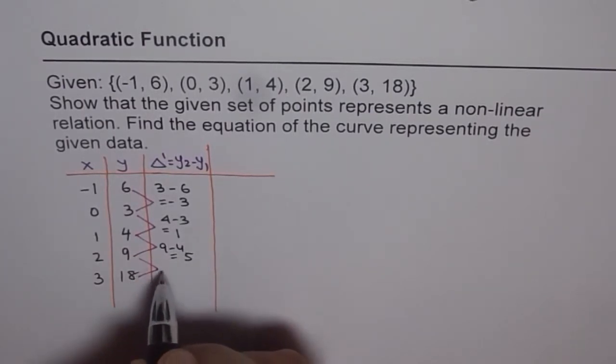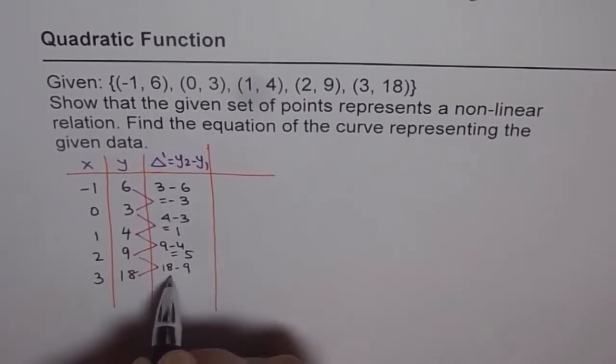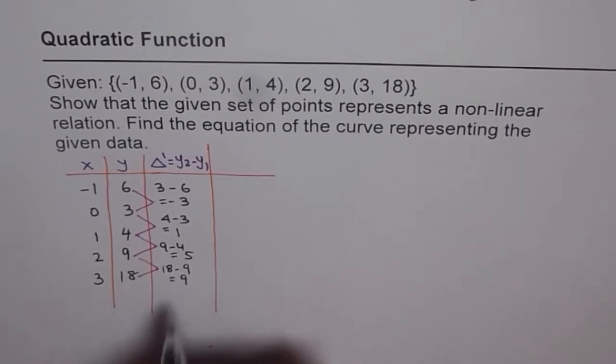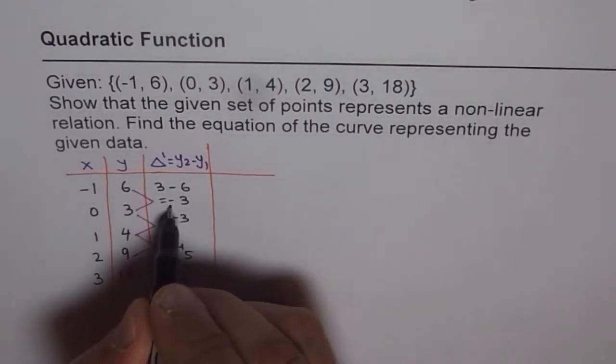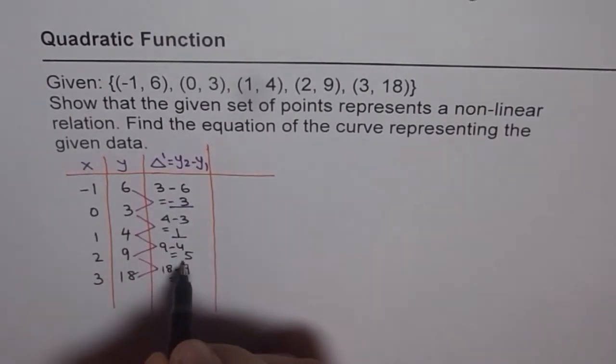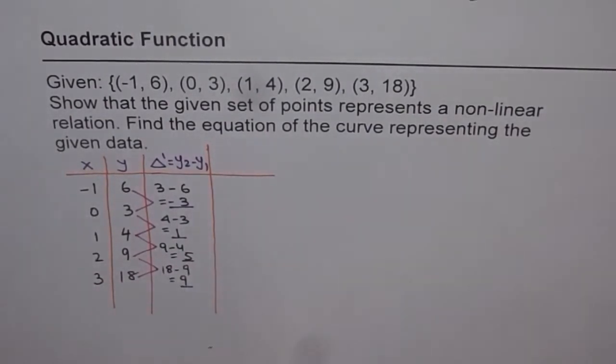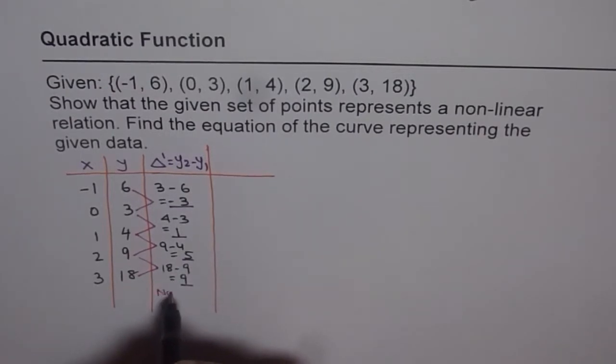And 18 minus 9, which is equals to 9. Right? So we get these values, which are -3, 1, 5, and 9. Since they are not the same, they're not constant, it is non-linear. So this itself means non-linear, right?